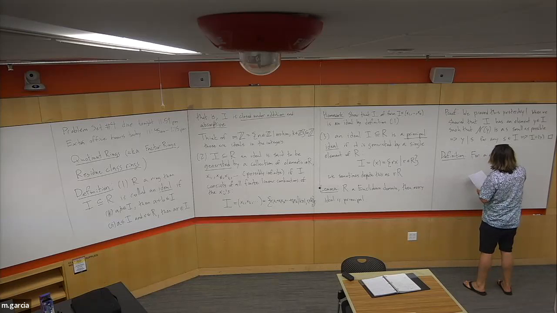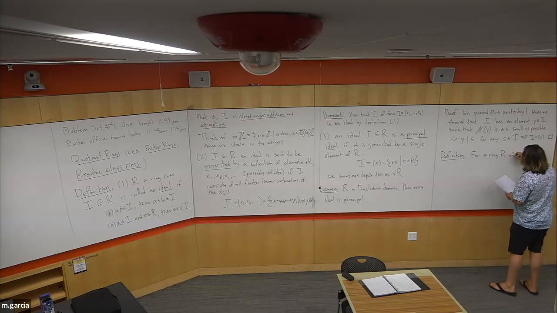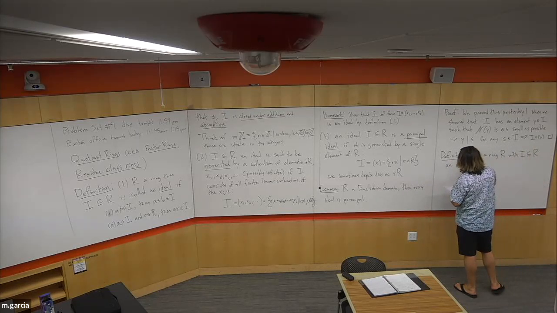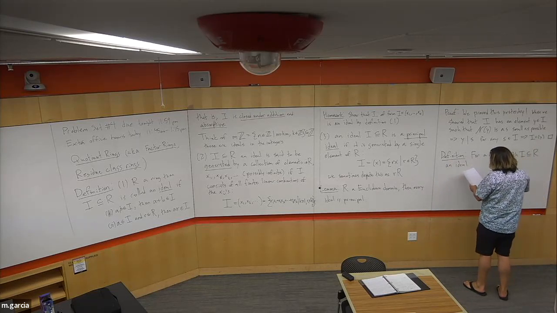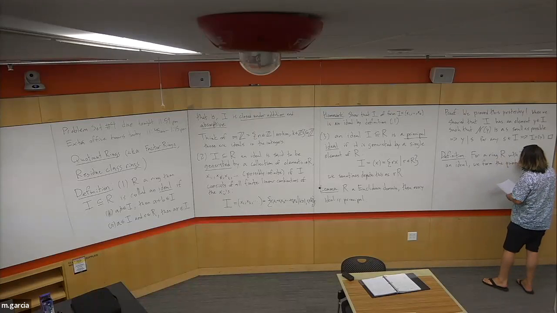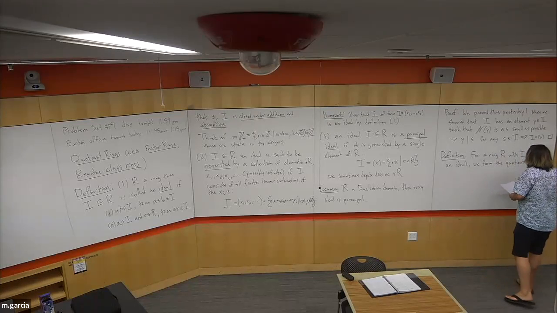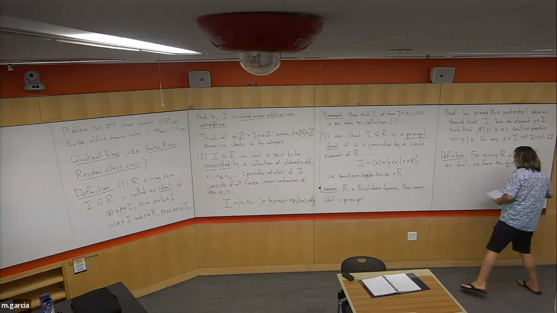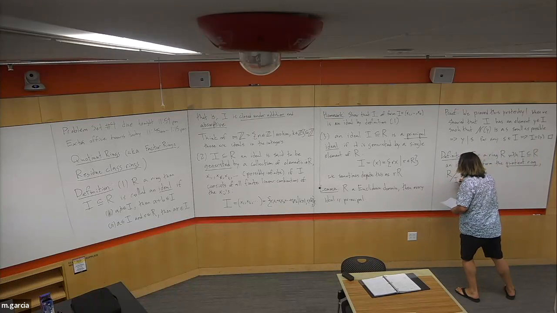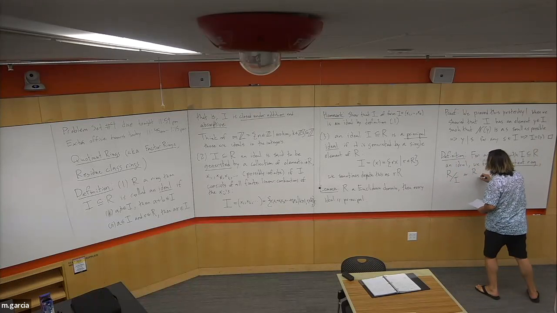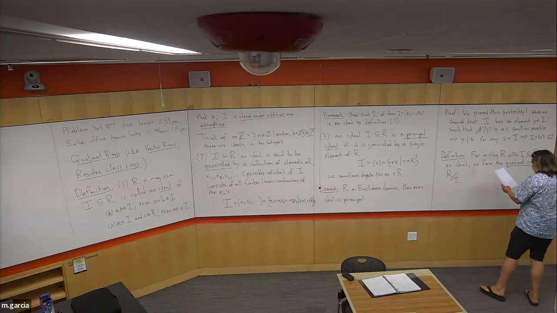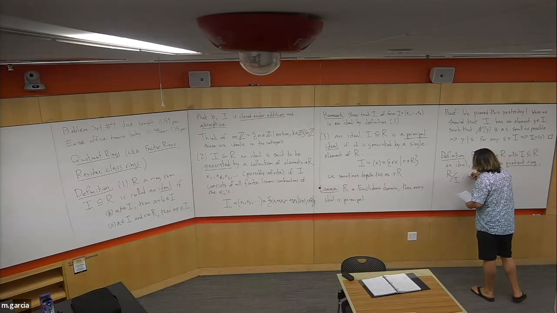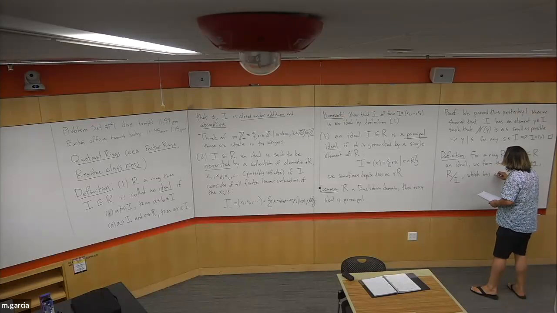For a ring R with I an ideal in R, we form the quotient ring, which we denote R mod I. Which has as elements.